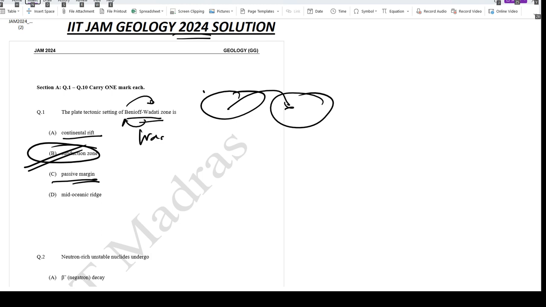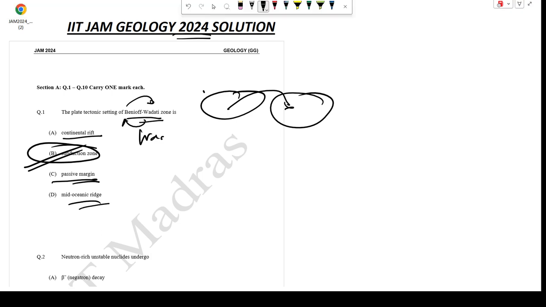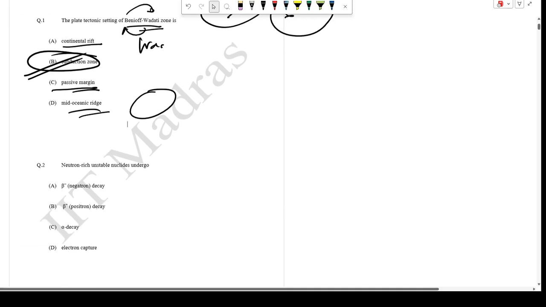And the mid-oceanic ridge is a divergent boundary where tectonic plates are moving apart, leading to the formation of new oceanic crust. So here the BW zone is associated with convergent boundaries, where one plate is being subducted beneath the other. So obviously B is the correct answer.